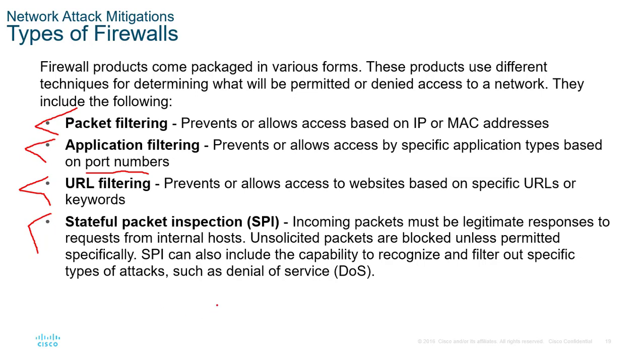So as inside hosts on your corporate network, their traffic is allowed to pass through the firewall and go out to less trusted networks like the internet. So here's your internal network. And going out to the outside world or the internet here, that traffic is allowed to pass out relatively easy.